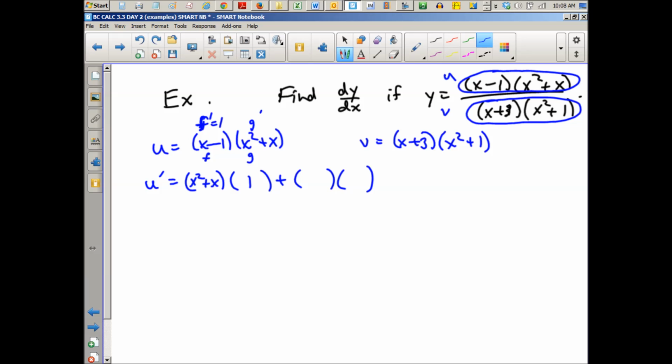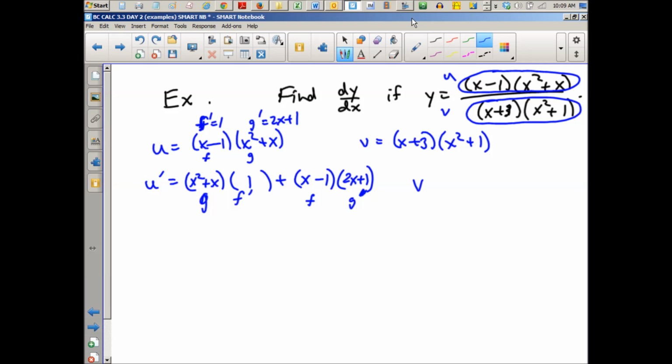And then g prime would actually be 2x plus 1. So this would be basically g f prime plus f g prime, see? So f would go here, and g prime, 2x plus 1, goes here. That's very messy, but that's what we have.